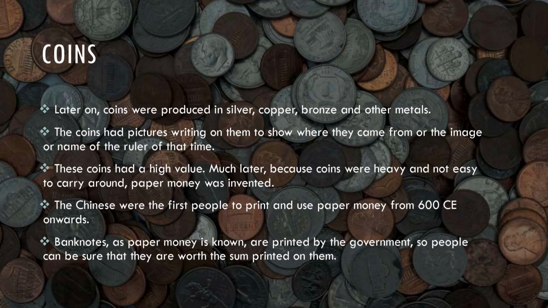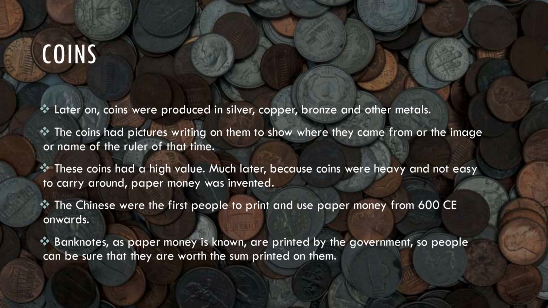Coins. Later on, coins were produced in silver, copper, bronze and other metals. The coins had picture writing on them to show where they came from, or the image or name of the ruler of that time.